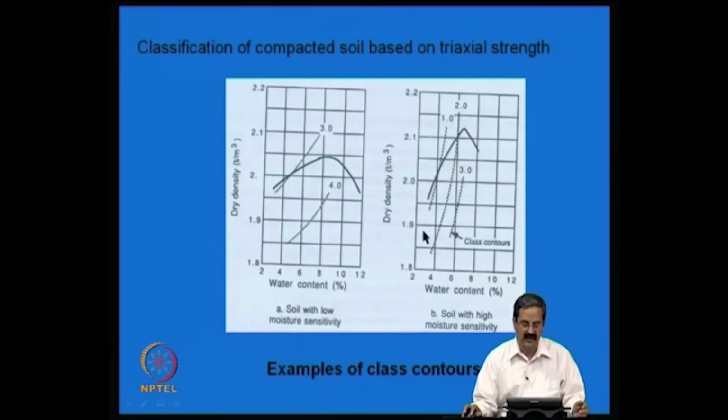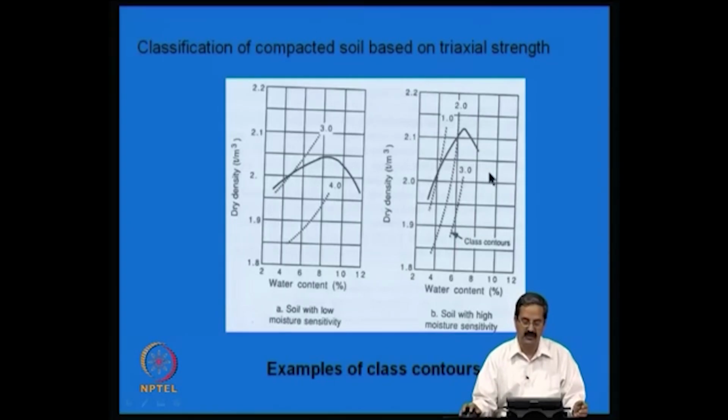What it actually shows is that the shape of the curve itself, the shape of the curve here, is something like this. So, even the shape of the curve tells you about the changes in the density with respect to changes in water content.